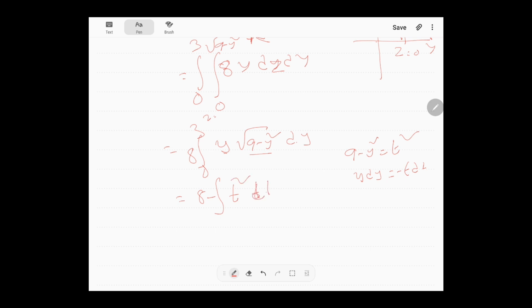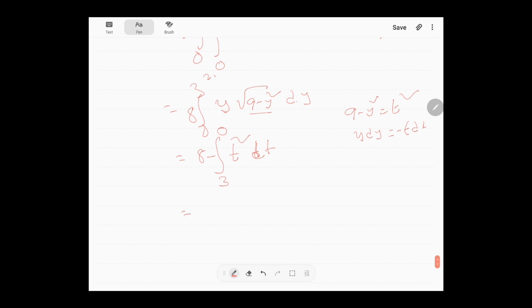So it is t square dt. And what are the limits for t? If I take y equal to 0, t square will be 9, so t will be 3, and if I take y is 3, t is 0. So this is 8 times the integral from 0 to 3 of t square dt.